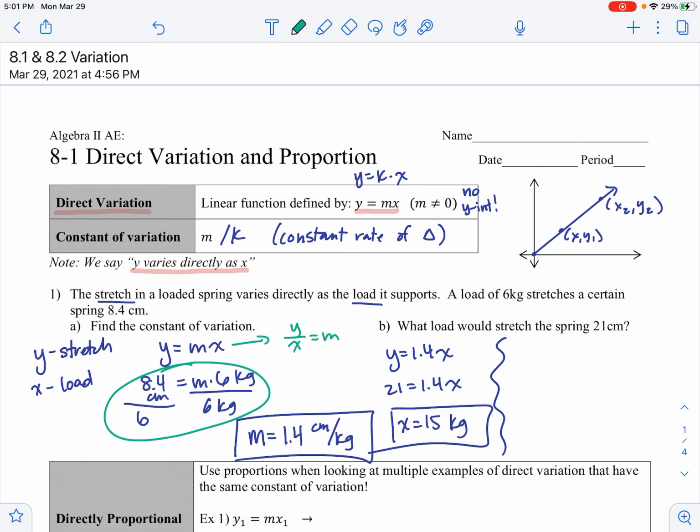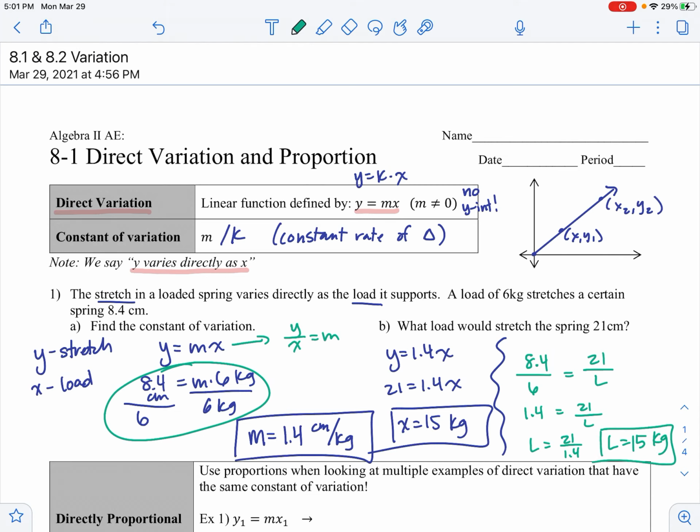The ratio that I know is 8.4 over 6. The one I'm trying to find is 21 over the load. And now I could cross multiply. If I cross multiply this, notice I still, if I did it out, get 1.4 equals 21 per load, cross multiply and divide, and I get divided by 1.4. I still get 15, and I'm still measuring in kilograms here.